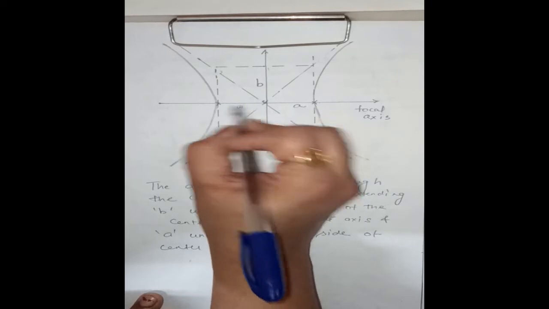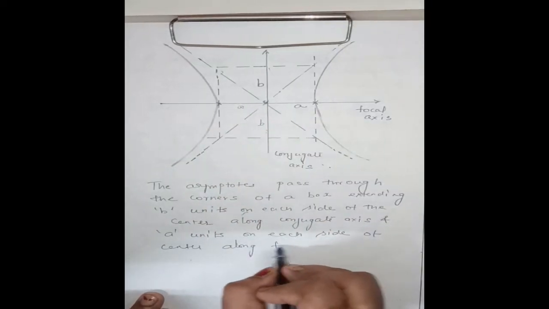This is the focal axis. a units on both sides along the focal axis.